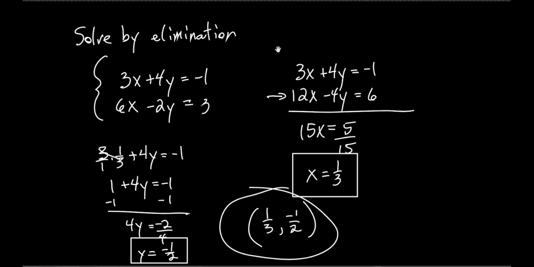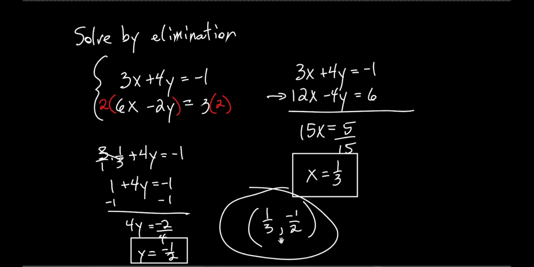What will happen is you'll get something like this, and you're not just going to multiply one of them. Remember, we multiplied that by a 2? You're going to have a situation where you're going to have to multiply both things by a certain number. I don't have one written down.